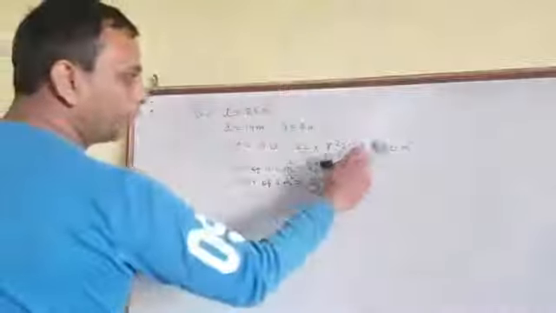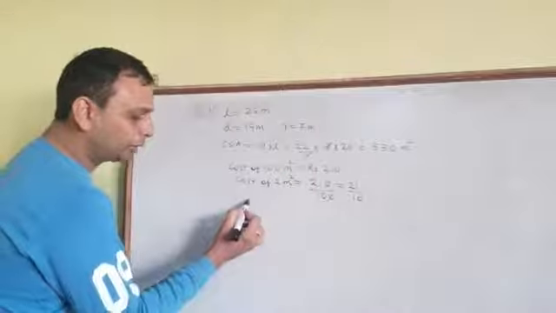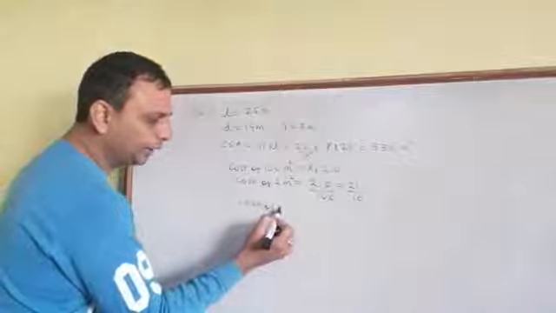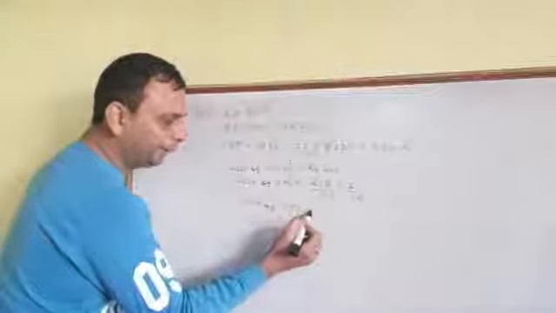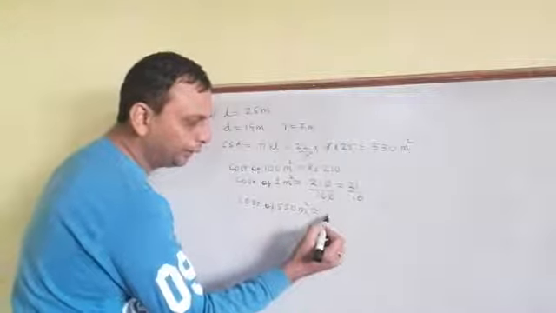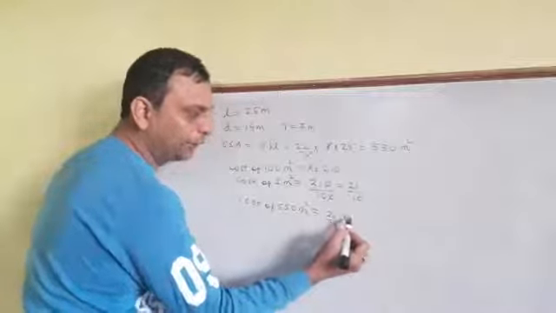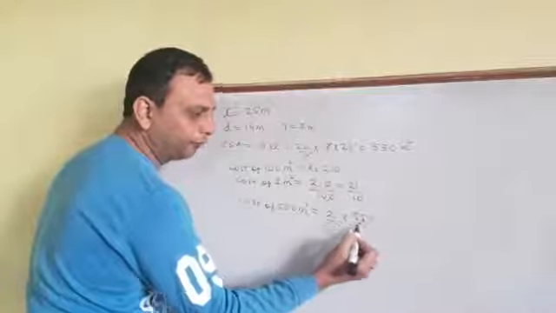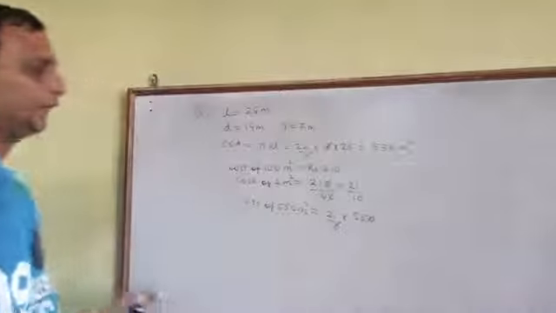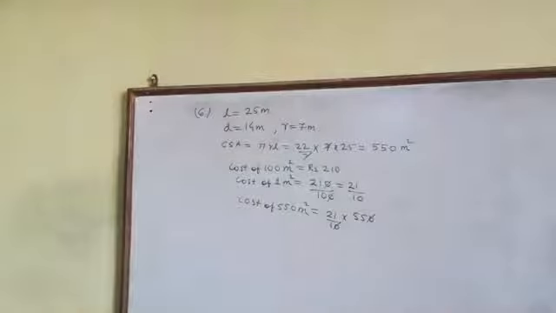Now I need the cost of 550 meter square. It will be 21 upon 10, the cost of 1 meter square, multiplied with 550. 0, 0 cancel. Now 55 will multiply with the 21.